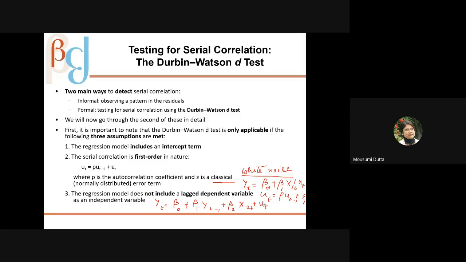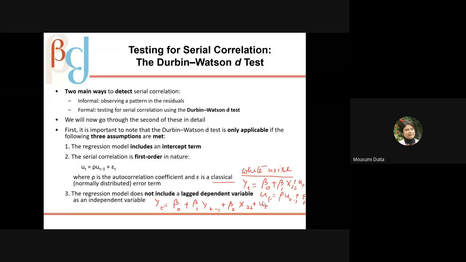If this is the format of the equation, you will not be able to apply the Durbin-Watson test to detect whether there is autocorrelation or not. You have to use other techniques to understand whether there is autocorrelation or not.